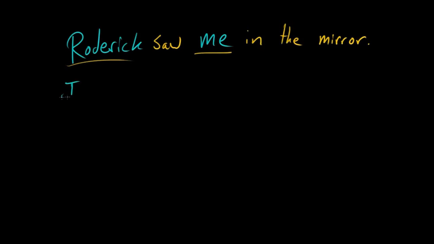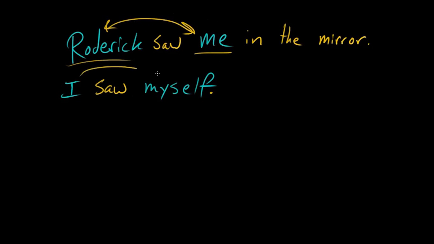How about this one? Roderick saw me in the mirror. Now, I am not named Roderick. I'm not the same thing as Roderick. And if I were writing a sentence about myself, I would say, I saw myself in the mirror. Roderick and I and me are not the same person. I and myself are the same person. The same person as Roderick is Roderick.